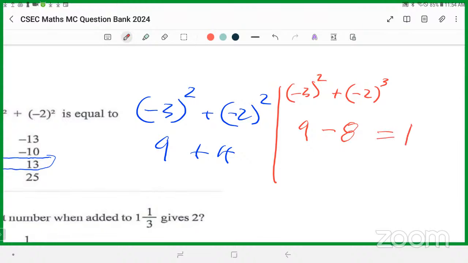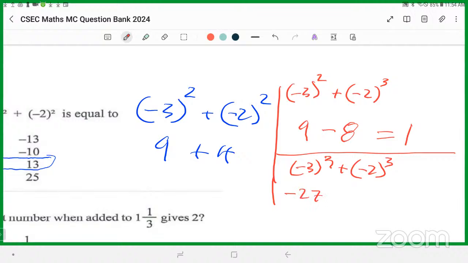So you can look out for a simple change like this, guys, and the answer will be 1. Or if I cube both of them, negative 3 cubed and negative 2 cubed, this will become negative 27. 3 times 3 times 3 is 27. Because you're cubing it, the value stays negative. When you raise a number to an odd power, the sign stays the same.